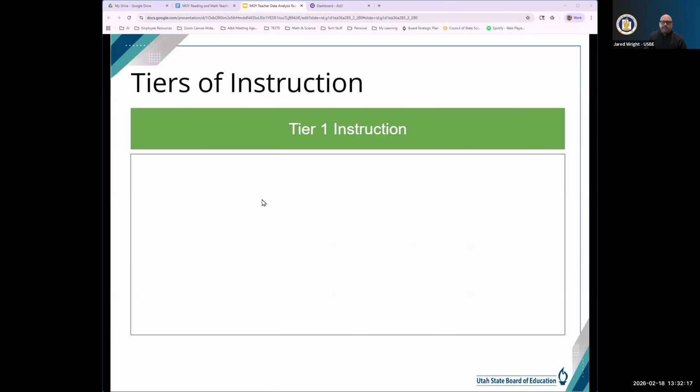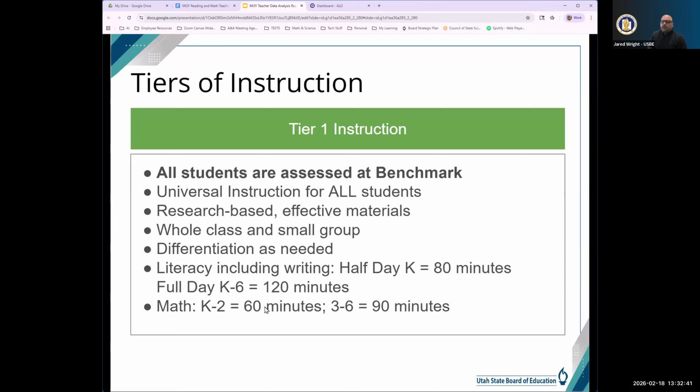So a couple things about tier one instruction as we're looking at those, really focusing on the data that we were comparing between beginning of year and middle of the year, and what those percentages look like. All students are assessed at benchmark, universal instruction for all students.